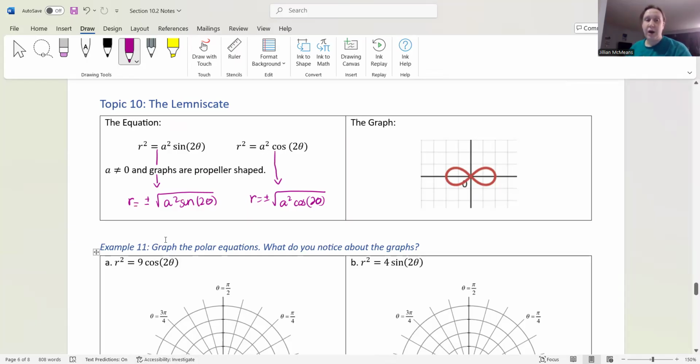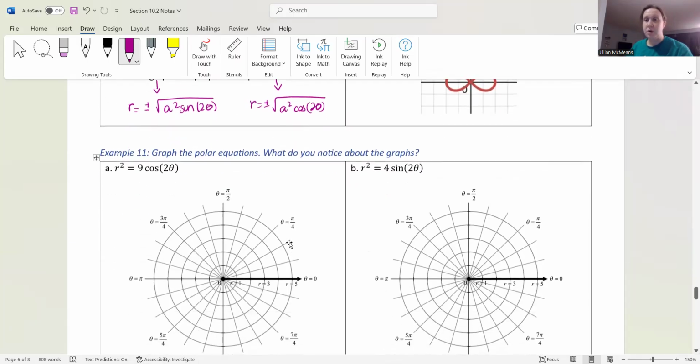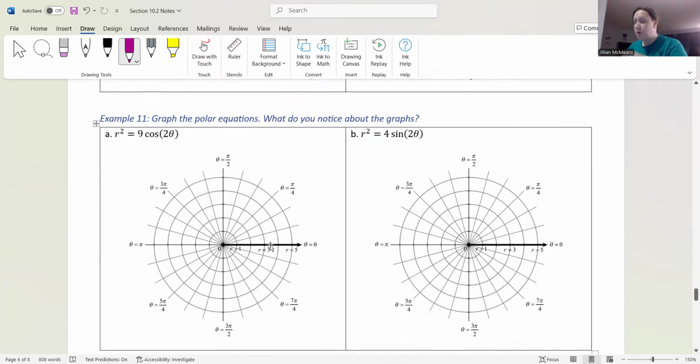Okay, example 11 says graph the polar equation. What do you notice about the graphs? We have r squared equals 9 times cosine of 2 theta. So a is going to equal 3, so a squared is equal to 9. That fits the bill here. And then we have cosine, and 2 theta as the argument.